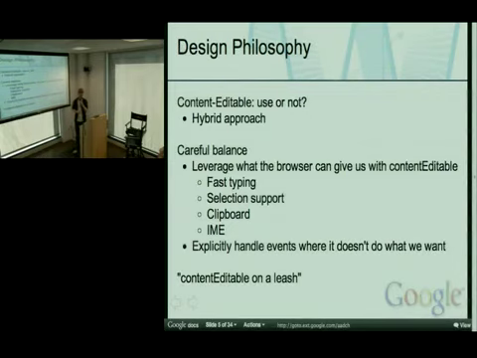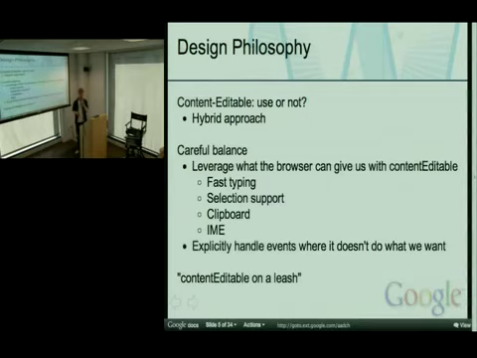Other web editors like Bespin, which is the Mozilla editor, everything's handled programmatically. So everything you type, it's JavaScript code that's executing and updating the DOM. So in Wave, the editor tries to strike a balance between the speed and convenience of letting the browser do its thing, as well as the application flexibility of handling everything ourselves. So we try and leverage what the browser does well.